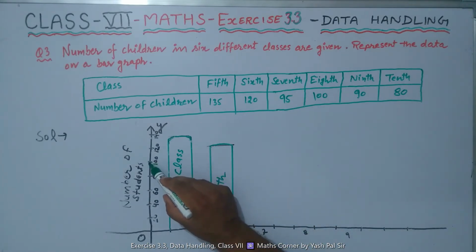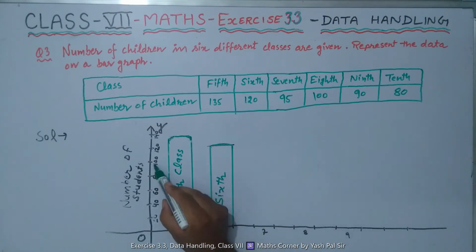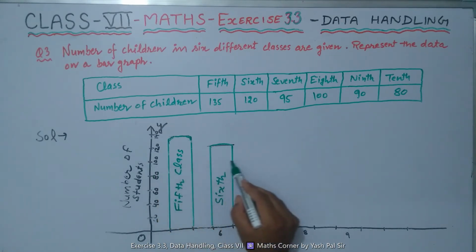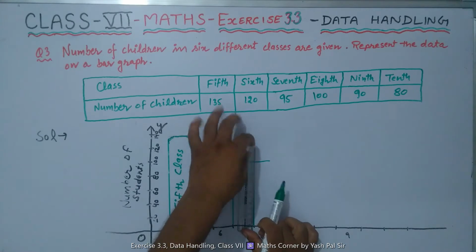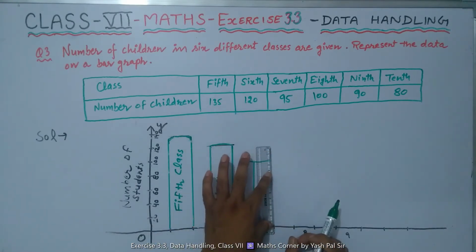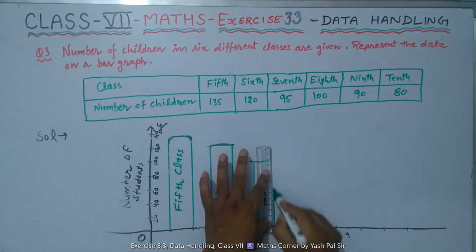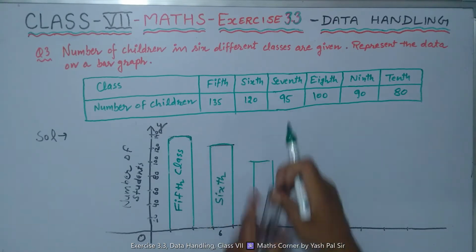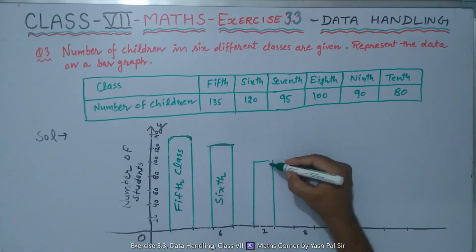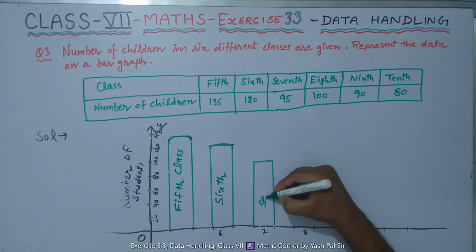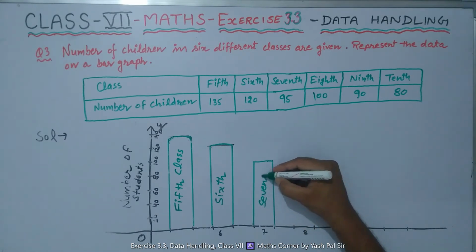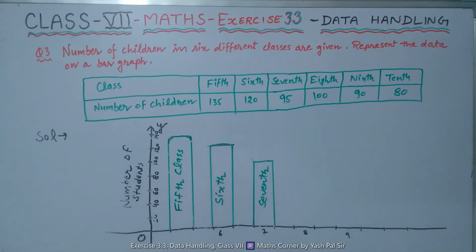For 7th class, 95. 95 means below 100. So below 100 means approximately here. So this way we join this line and this line. So we have now, this is for 7th class.